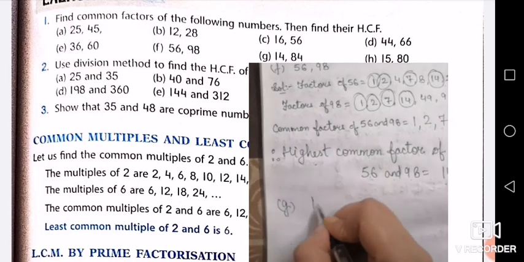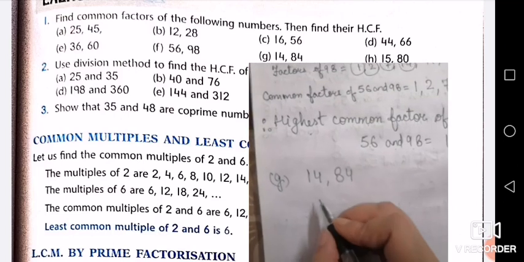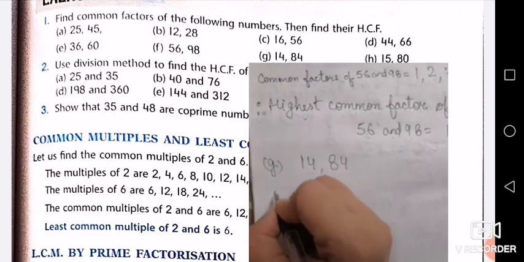which is 14 and 84. The steps are the same in all the questions.